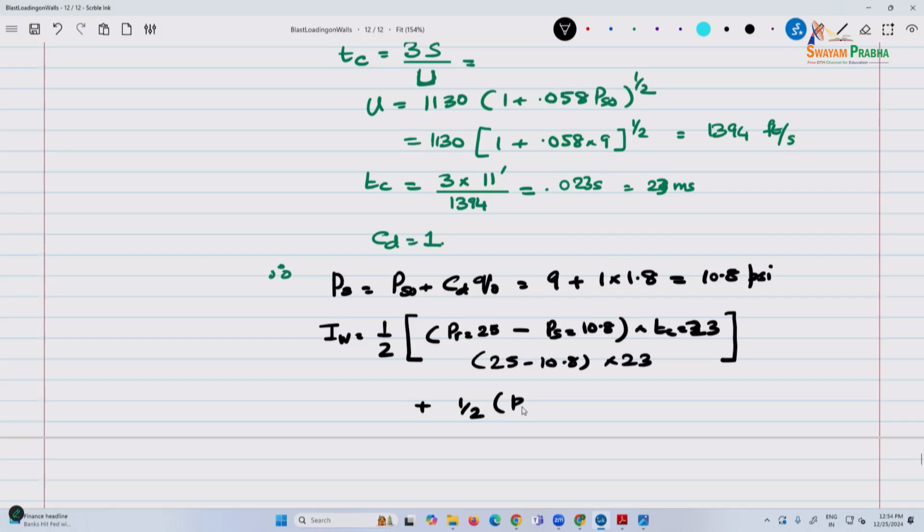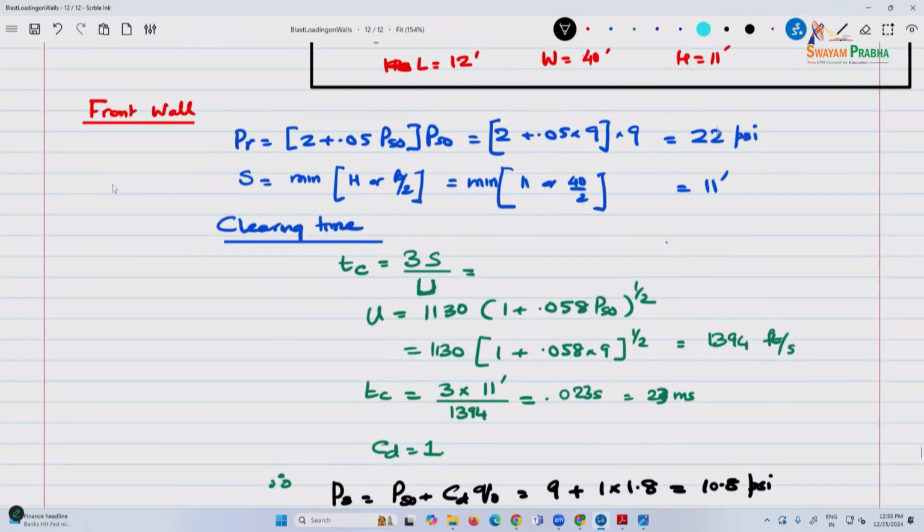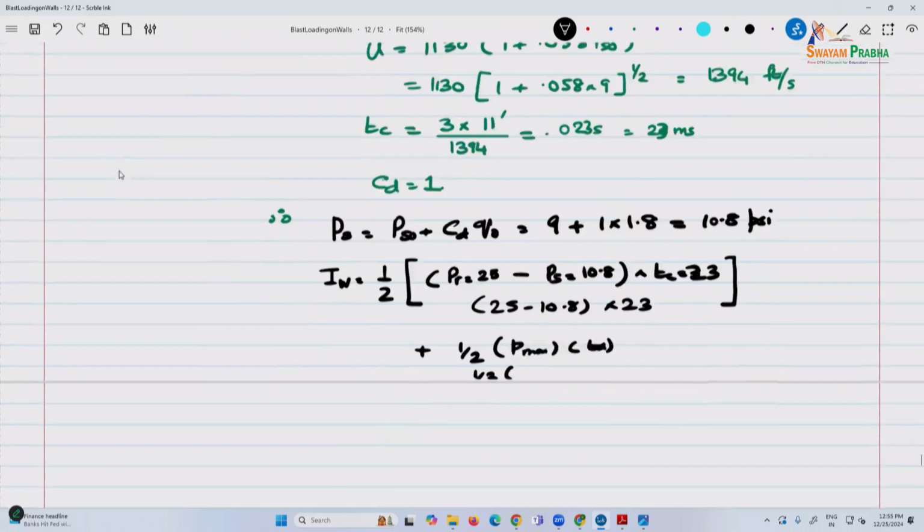Plus 1/2 of the P R, the maximum pressure we calculated was 10.8. So P max multiplied by TD. So this is 1/2. The max pressure we calculated was 22. No, not that. This one, 10.8.